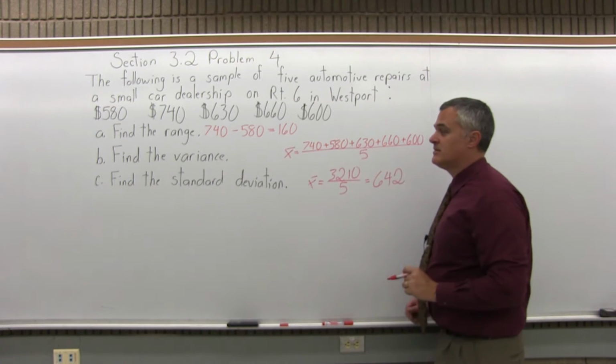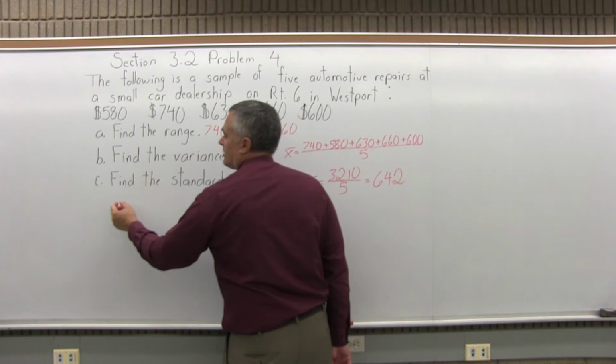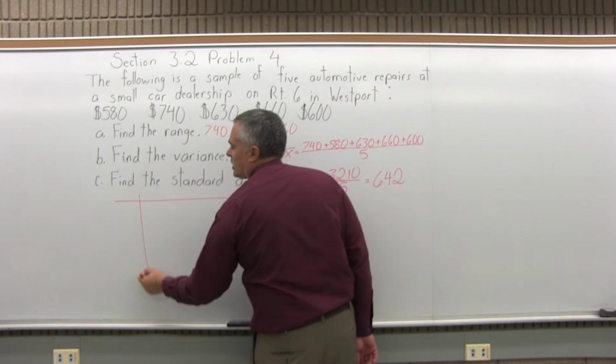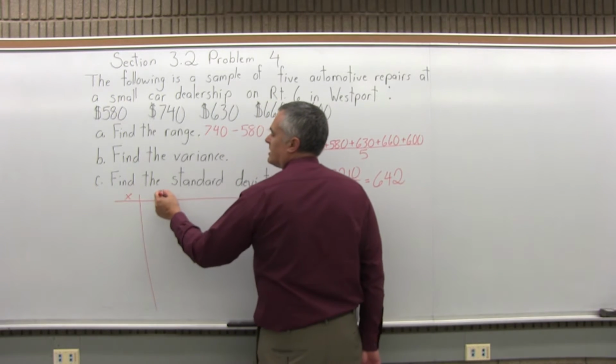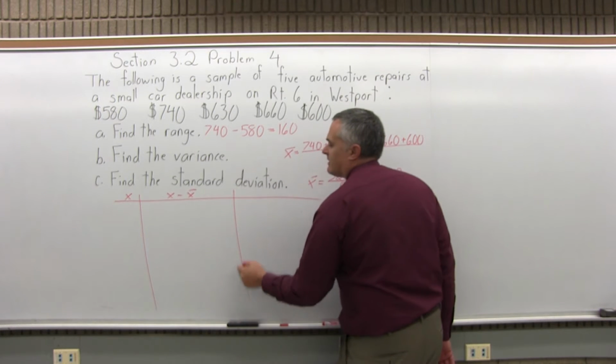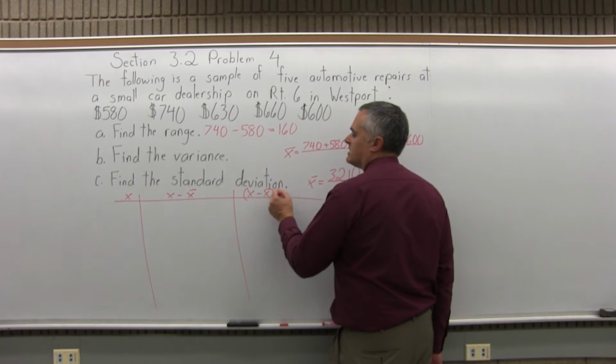We have that. Step 2, fill in the chart. So for the chart, we will have 3 columns. The first column is x. The middle column is x minus x bar. And the last column will be x minus x bar in parentheses raised to the second power.